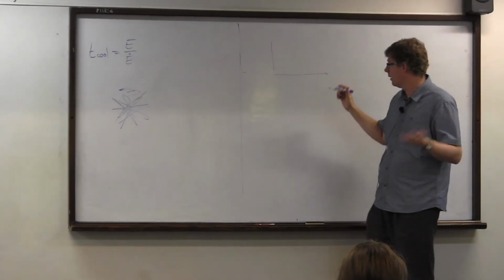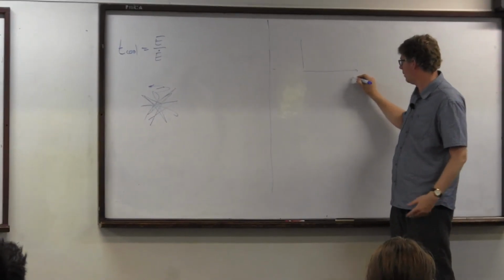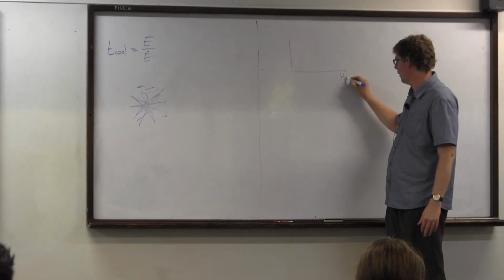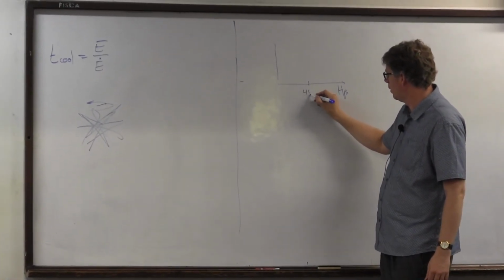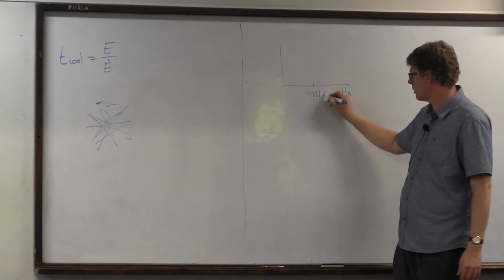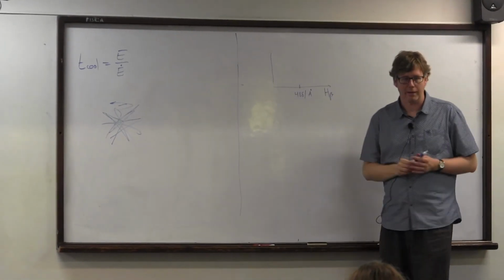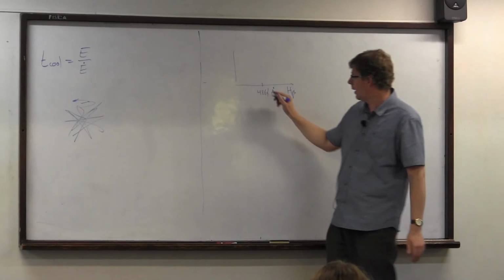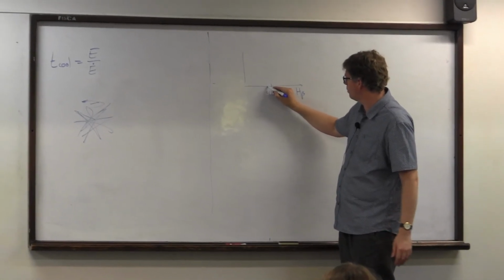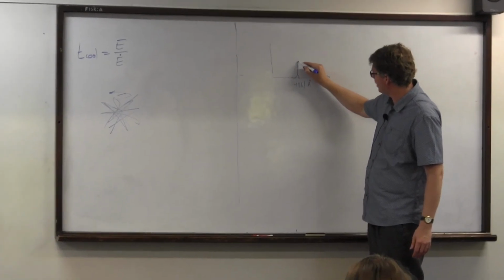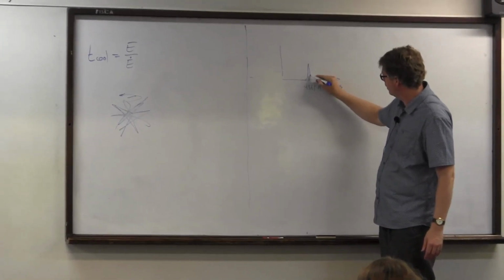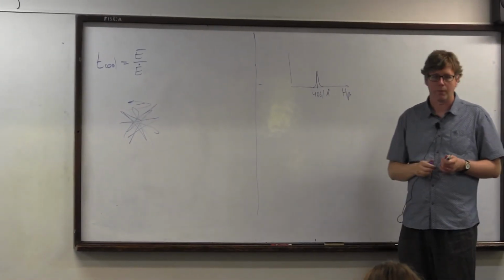So let me take hydrogen beta, that's centered on 4,861 angstrom. That's the peak of that. And it has a cross-section for absorption that's Lorentzian, but very sharply peaked around that wavelength value.